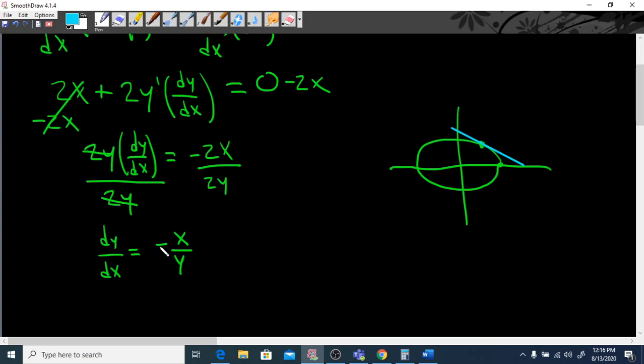So look here: if x and y are both positive, we get a positive, but then there's a negative sign, which is exactly what we would expect. Now let's look over here.